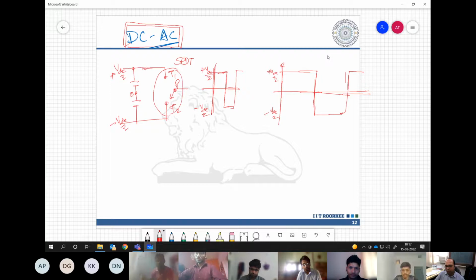So then we try to introduce some degree of freedom within this waveform so that we can control at least the fundamental. So we introduced one notch over here in the center. Waveform symmetries we have discussed.